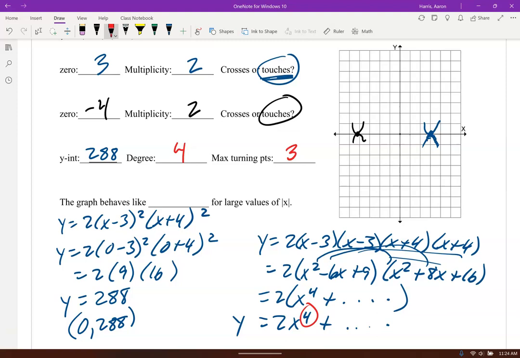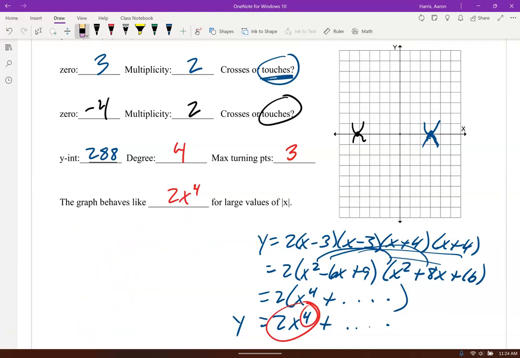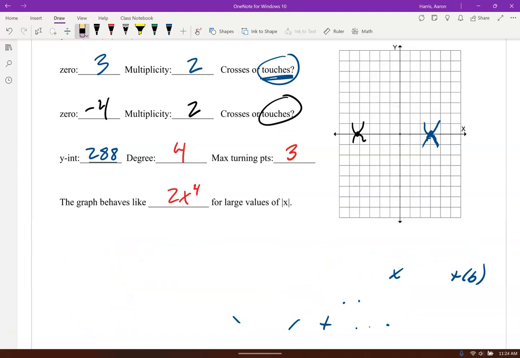And then the graph behaves like the power function 2x to the fourth for large values of x. Okay, so let me erase a little bit of this, and then we can sketch out a little bit of what this is telling us information-wise. So let's start with our end behavior.